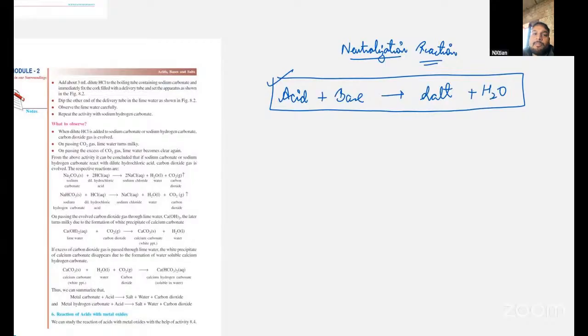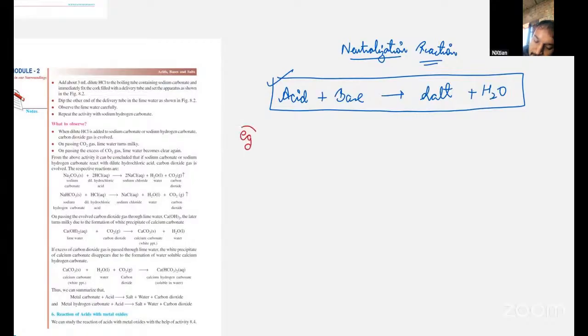It will be the neutral gray color. If the litmus paper is gray, it will remain gray because neither acidic nor basic character will be shown. How will we understand this?